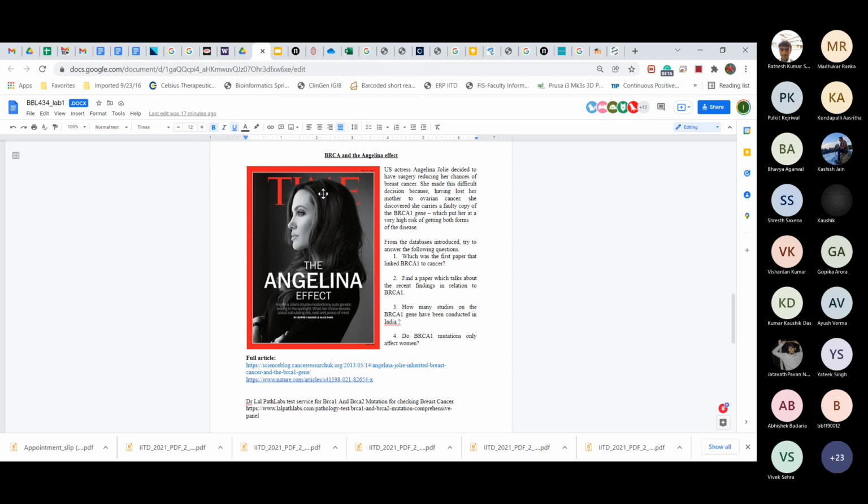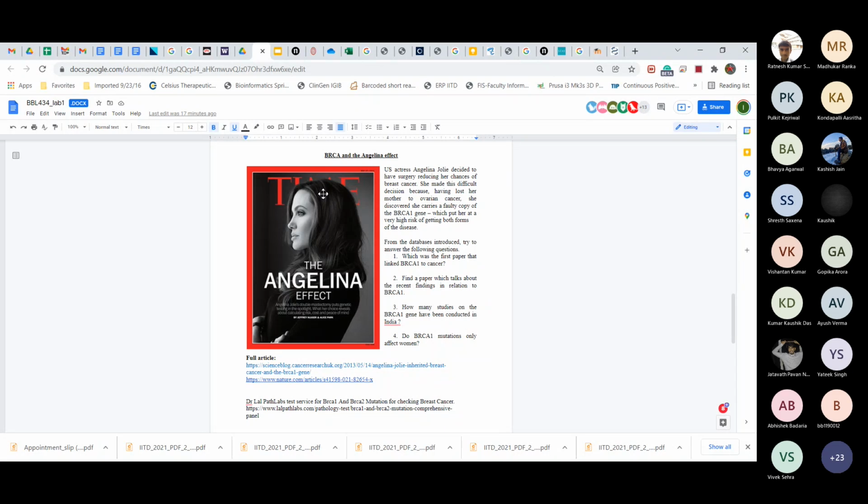As a preventive measure, she got rid of the tissue that could get cancer, and that has led to a lot of people around the world becoming aware of the effects of this faulty gene called BRCA1. So the first set of questions that I would like you to explore using the databases I've just introduced is around BRCA1.